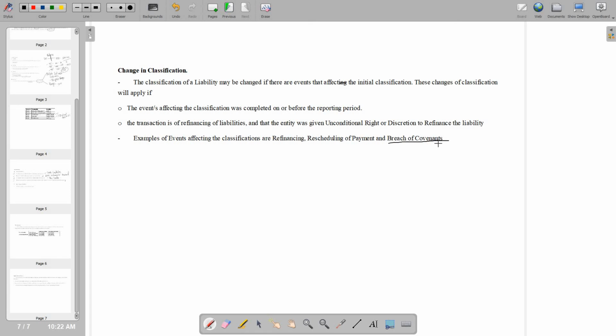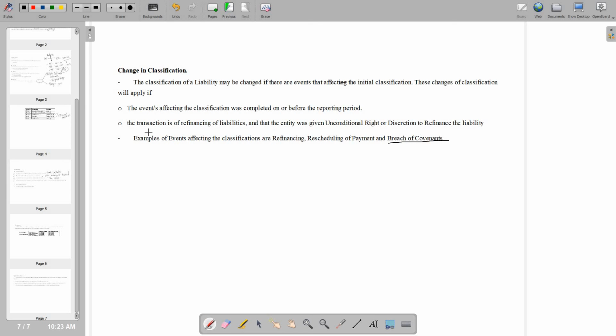From non-current, it will be changed to current. Now, the same rule applies. If that change happened before December 31, you apply the change. But if the change happened after December 31, then you do not change anything for the balance sheet date.